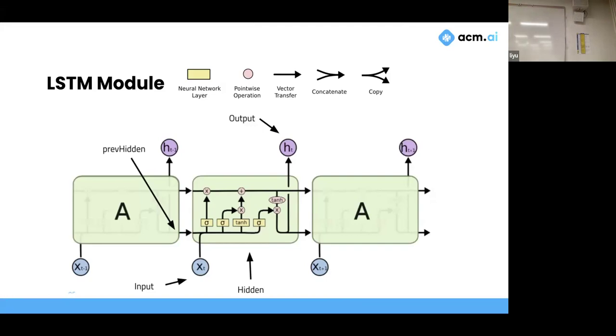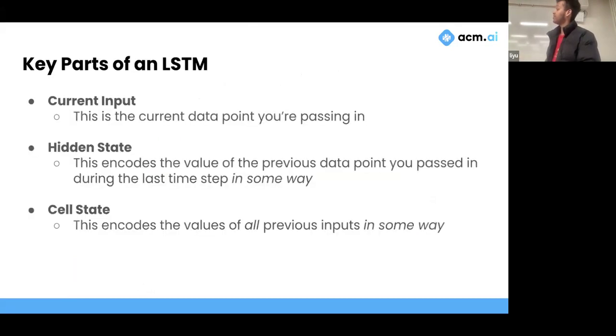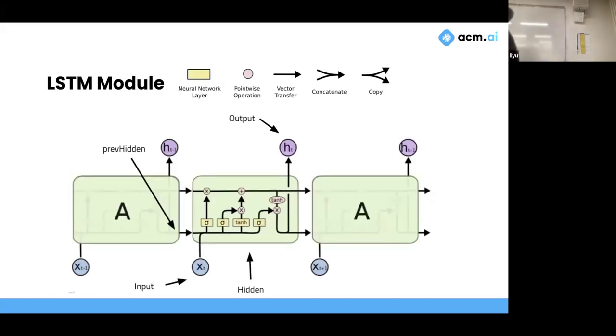That's basically what your input is, the current input at the current time step. And then the hidden state. The hidden state was the previous output that you had. So in the previous time step, you had an output of your module. And keep in mind, this is the same module, it's just over time. I just want to keep that quite clear. It's the previous output of the module. That's what your hidden state is.